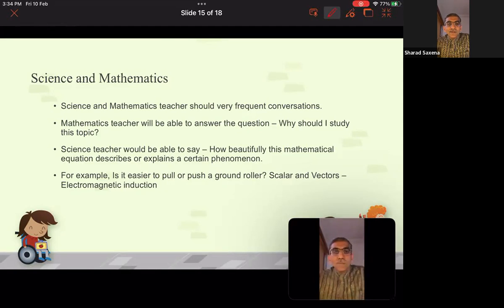But when you come to electromagnetic induction, maybe in class 10, maybe not, but in class 11, where you start studying the dot product and cross product, and what Lata was mentioning about the left-hand rule and right-hand rule, where two vectors are perpendicular to each other, and the third vector is perpendicular to both of them, which is nothing but a cross product, which you study in vector multiplication. So you can see how synergistic it is. And if these two teachers interact with each other, they can really make the students' life very, very happy. Do you agree with me?